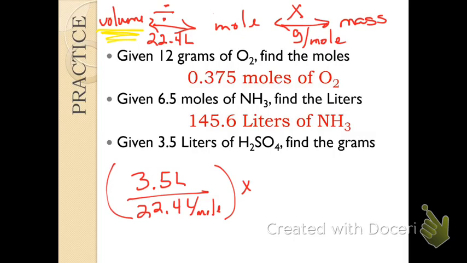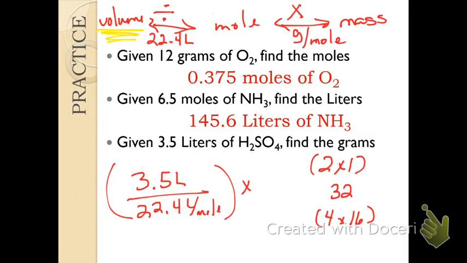Well, what's the mass of H2SO4? Well, let's see. I have two hydrogens, each with a molar mass of 1. I have one sulfur, which has a molar mass of 32 grams per mole. And I have 4 oxygens with a molar mass of 16 grams per mole. So I'm going to have to add those all together.